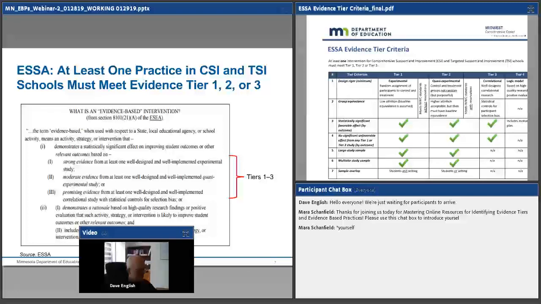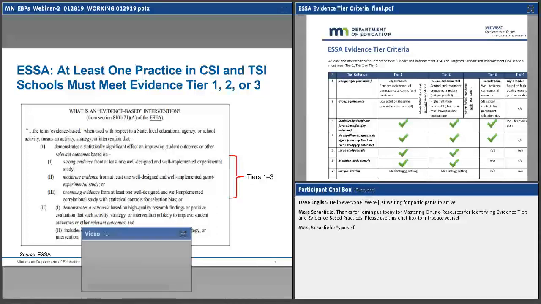You guys are familiar with it already, but basically any CSI and TSI school must have a practice that demonstrates statistical significance and is based on either strong, moderate, or promising evidence, which corresponds to the ESSA tiers 1, 2, and 3. And we're going to go in depth about what those different tiers mean right now.